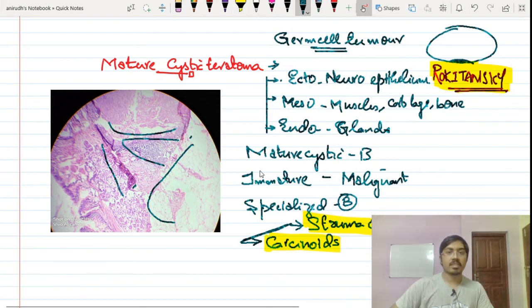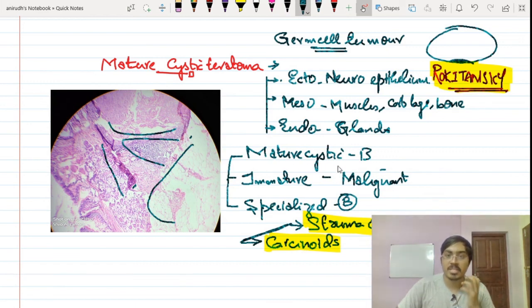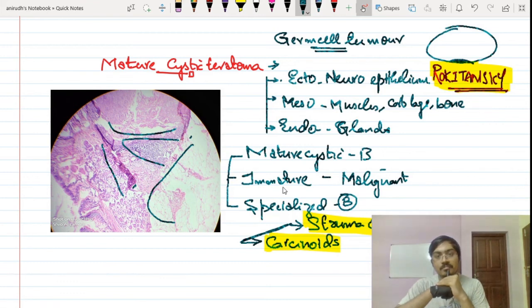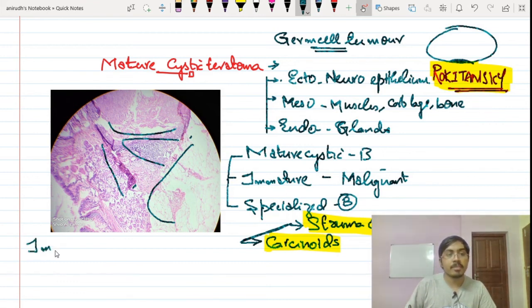Another important feature to remember is how are you going to classify this? How are you going to make a diagnosis whether it is a mature cystic or immature or specialized teratoma? What exactly will you look for in the histopathology so as to differentiate it as mature cystic or immature, which is malignant, or specialized? You will look for the immature component, typically the neuroepithelium.